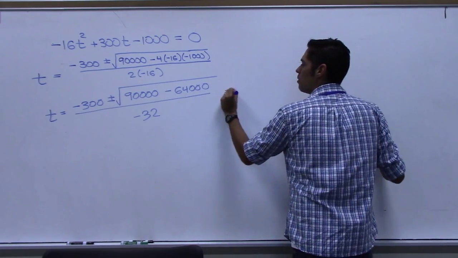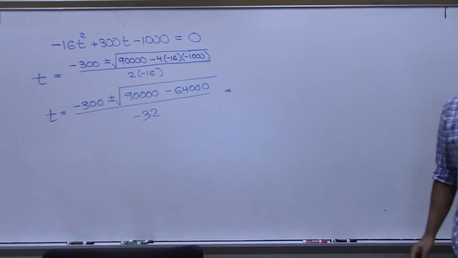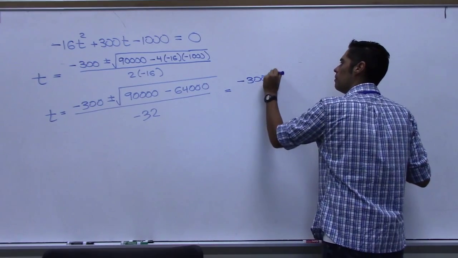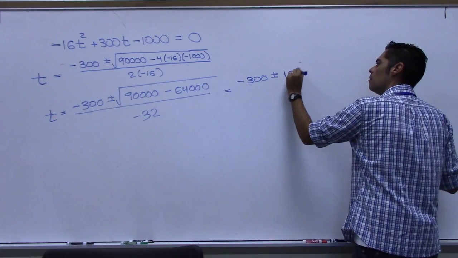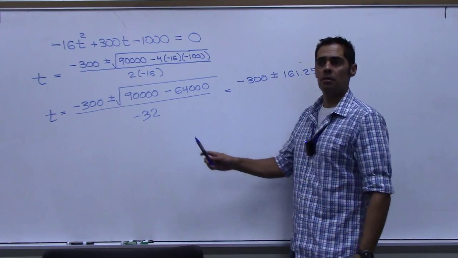What is the square root of 26,000? Let's get the approximate value. 161.25. Okay, does everyone understand what just happened?